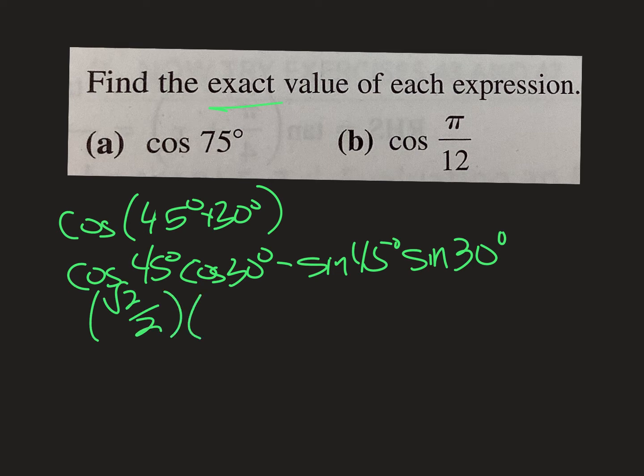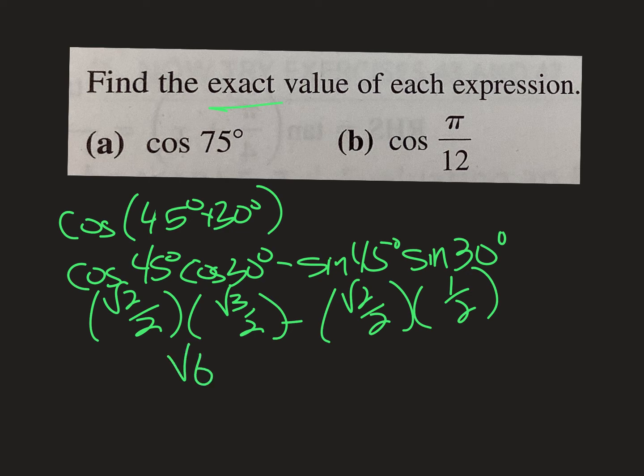Cosine 30, square root of 3 over 2. Sine 45, square root of 2 over 2. Sine 30, 1/2. If you multiply all that out, over here you get square root of 6. Over here you get square root of 2, and both of them are over 4. There's your final answer right there. Square root of 6 minus square root of 2 over 4. And you're going to see answers that look like that a whole lot.